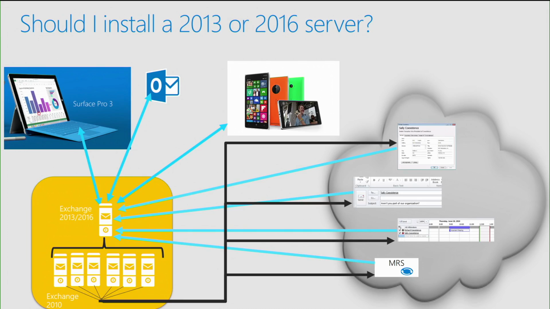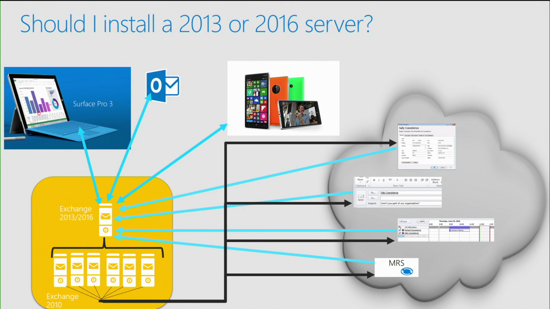So when we talk about deploying that newer version of Exchange on premises in order to potentially take advantage of features that require it, in general, we're just talking about that, we'll call it a hybrid role server. Again, there isn't really truly a hybrid role for Exchange. It's that Exchange client access role, or in newer releases of the product, it's the Mailbox role because there really is only one role.